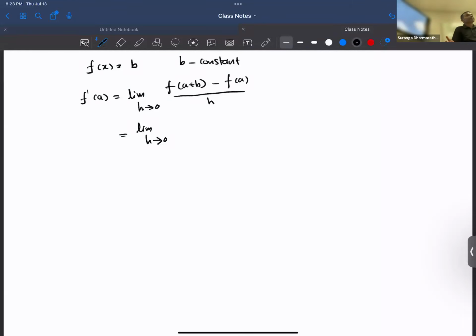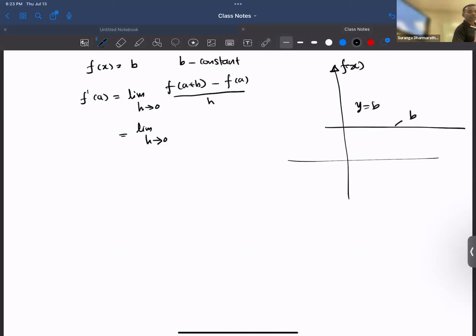So what is the function value of a plus h? It's b. It's a constant function. No matter whatever the x value is, its value is b. It's like this. You have f of x equal b, which means y equals b. That means at any x value, your function value is the same.